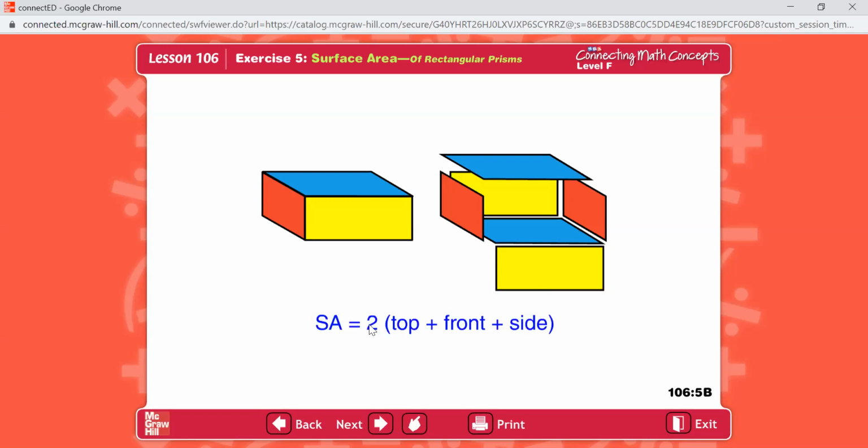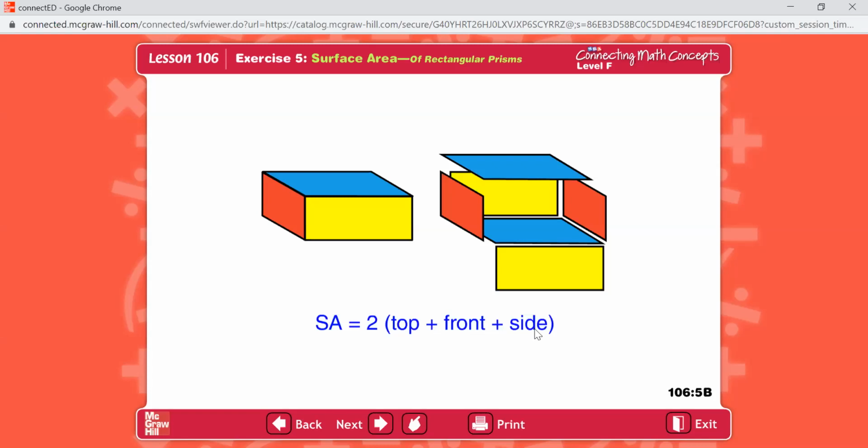We multiply it by 2 because there's 2 of each. So if we just add up 1 of each and then multiply it by 2, it gives us all the sides. So we don't have to count each one individually. Again, surface area equals 2 times the quantity of top plus front plus side.